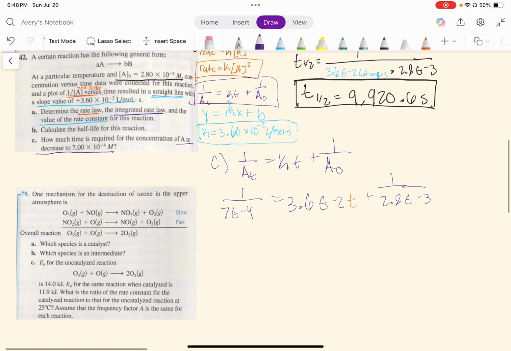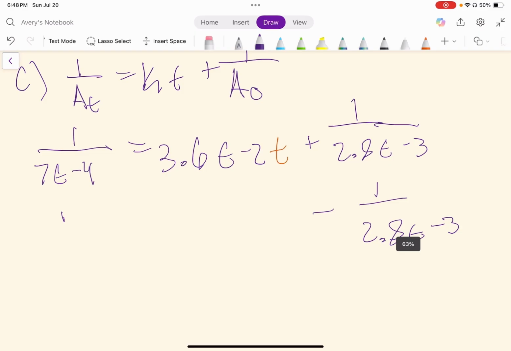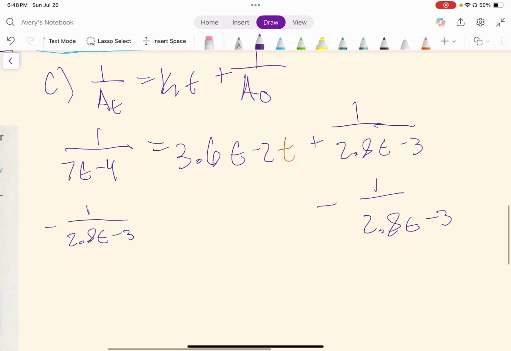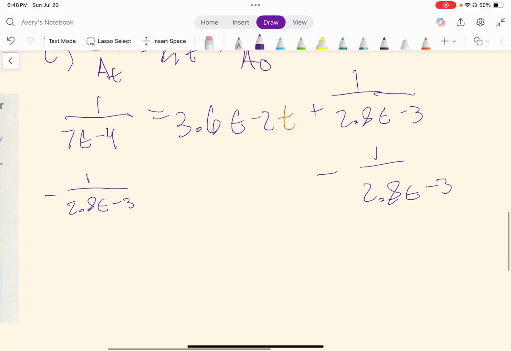So now we're going to solve for t. Hopefully you can do basic algebra. We're going to subtract 1 over 2.8 e negative 3 on both sides. And subtracting those two numbers, you get 1070.4, which is equal to 3.6 e negative 2 times t.